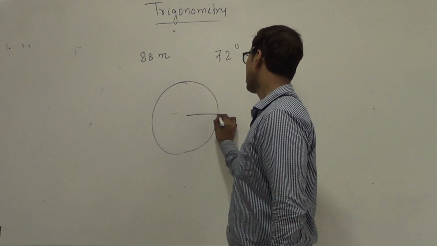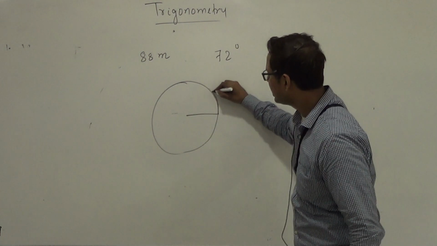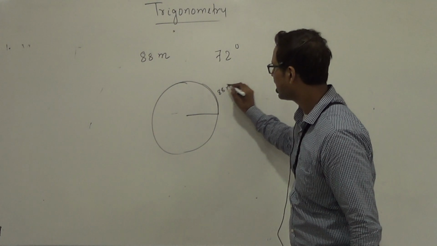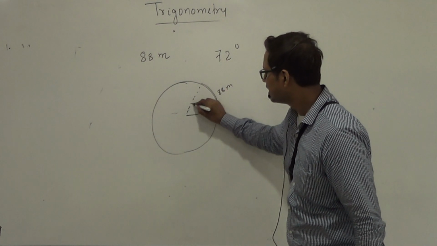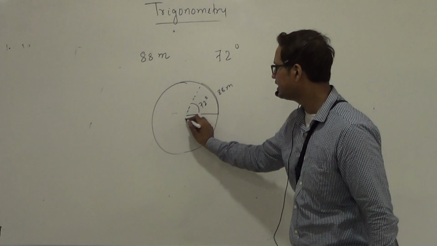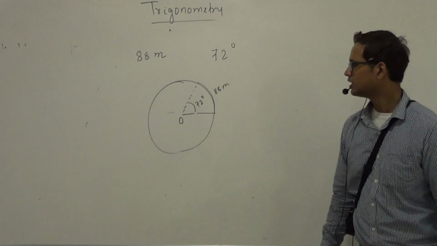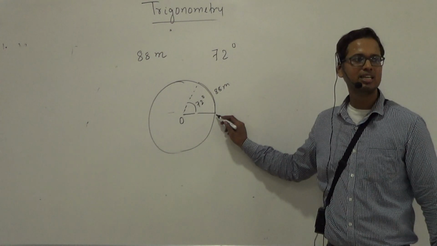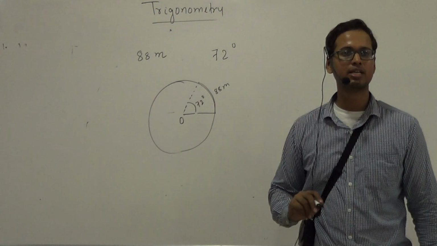A horse moves 88 meters like this, and while doing that, it sweeps an angle of 72 degrees at the center of the circle. Then find the length. Is it 220 by 5?